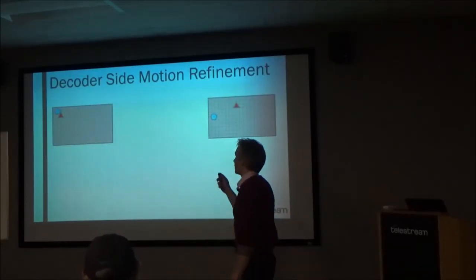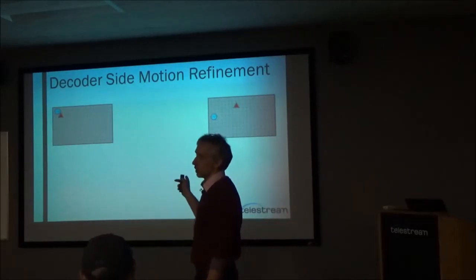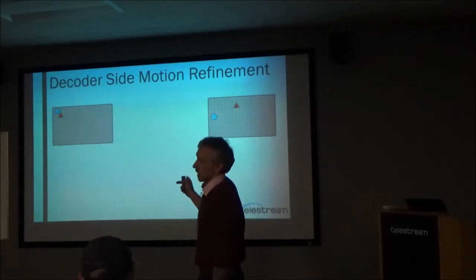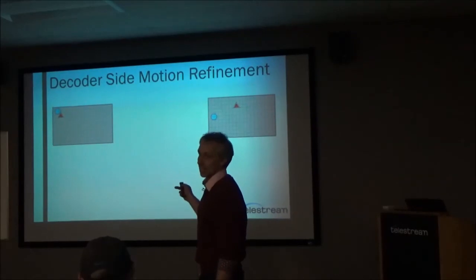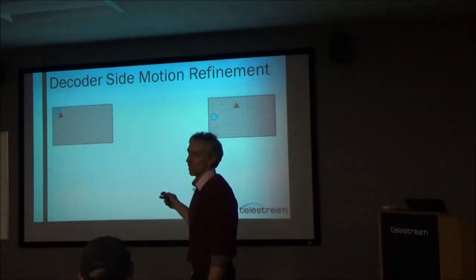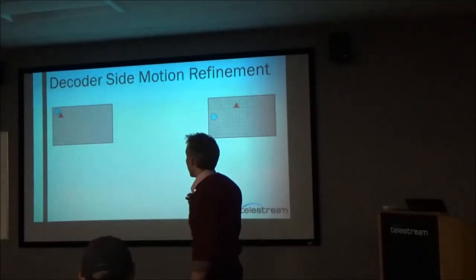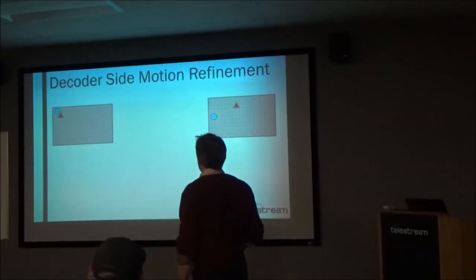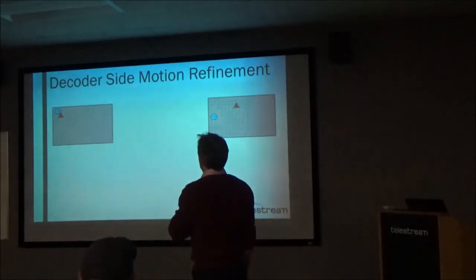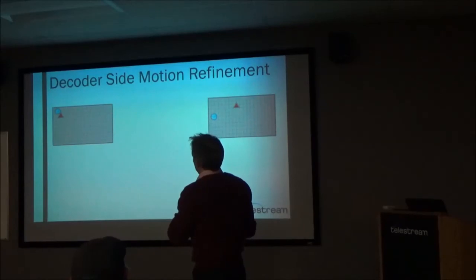This is interesting. I've wrestled with this one and explaining it, because the explanation I'm going to give isn't the exact thing that they do inside of VVC, but it's the best way that I can explain what decoder side motion refinement is, or motion prediction. So, same example again, things moving around.